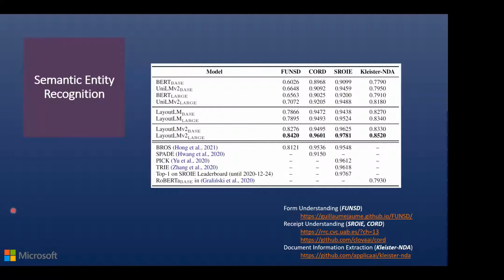In this particular example, where we talk about semantic entity recognition, we have a few examples like form understanding, receipt understanding, or document information extraction, let's say from NDA documents. You can see from the table that first, the LayoutLM model outperformed the traditional language-only model quite significantly because of the added spatial information.